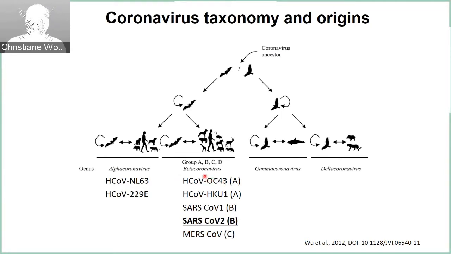What we know about their ancestry is that gamma and delta coronaviruses have an avian ancestor, while the alpha and beta coronaviruses emerged from a bat ancestor.